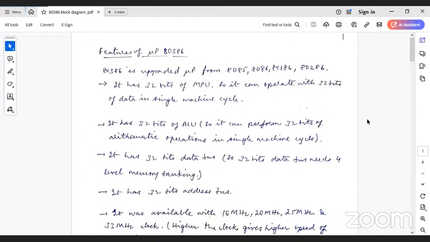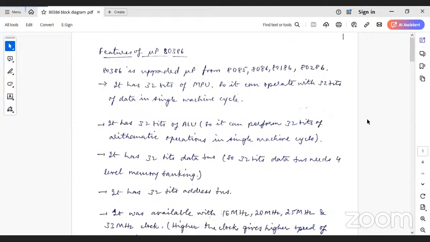See there, it has a 32-bit microprocessing unit. Earlier what we have seen, the microprocessing unit was only 16 bits for 286, if you remember, and for 8085 it was only 8 bits. So when it comes to 386, 32 bits means from 8085 till 386 it has increased 4 times.